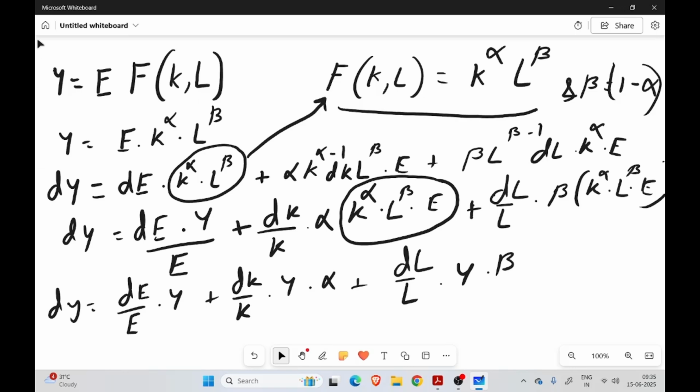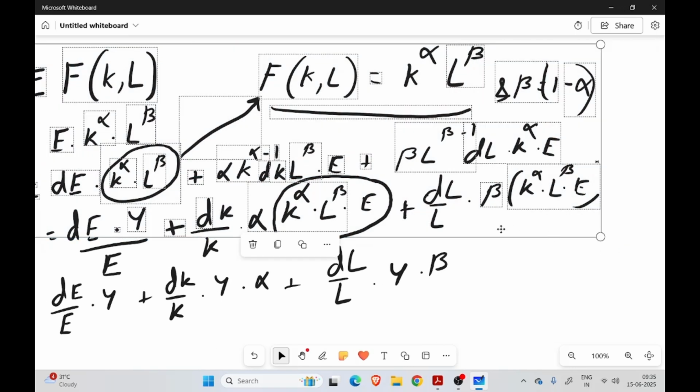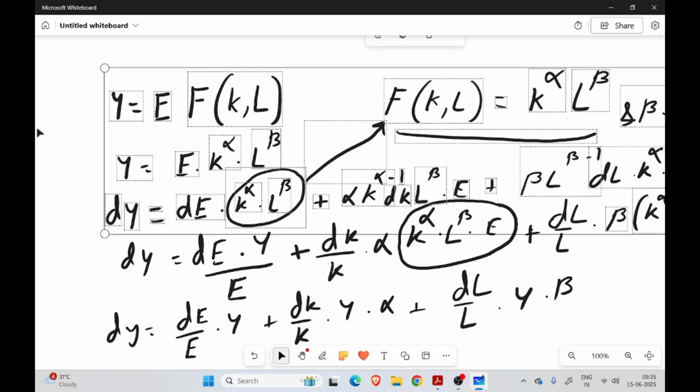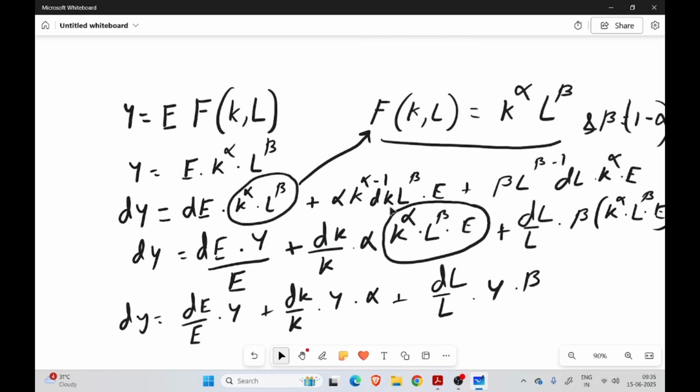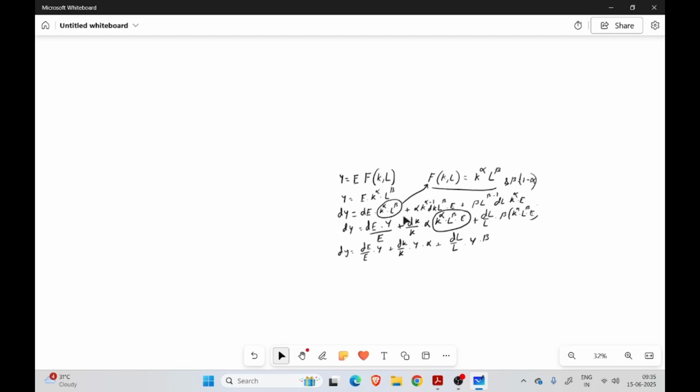Now we will take dy, we will take y common from the right hand side and bring it down below the left hand side.